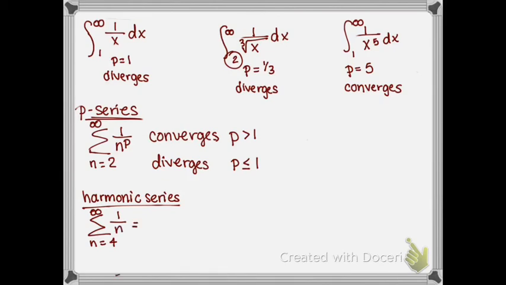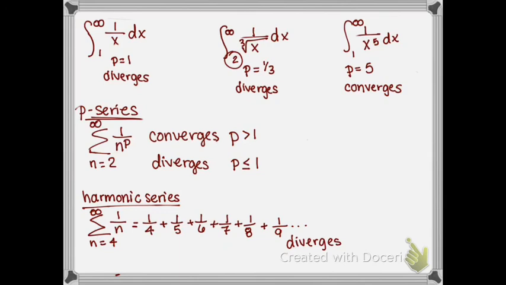So inputting that 4, it's 1/4 plus 1/5 plus 1/6 plus 1/7. And since this is the p-series with p equal to 1, this one diverges. So the harmonic series is just a special name given to this, and it's a series that you need to know diverges.